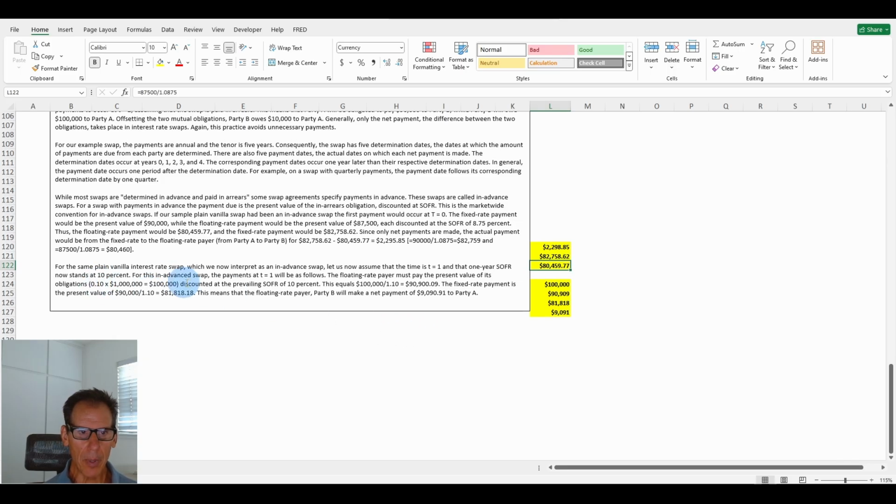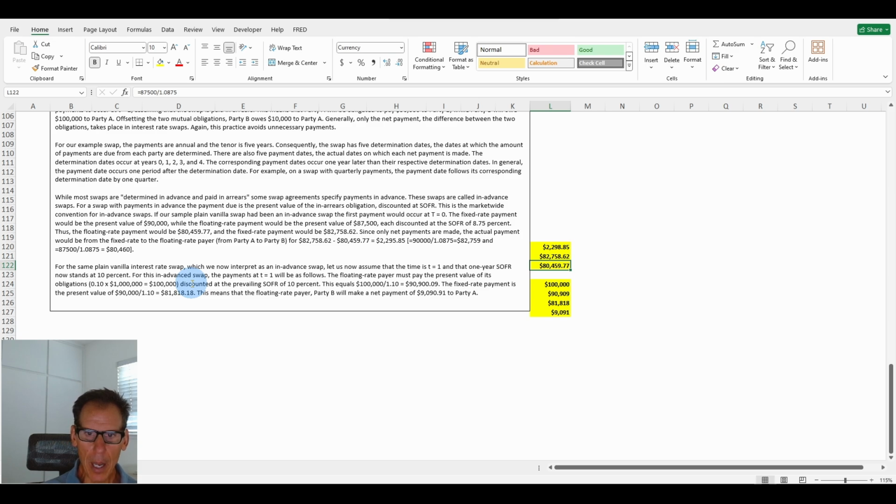For the same plain vanilla interest rate swap, which we now interpret as an in advance swap, let's assume that the time is t equals 1 and that the 1 year SOFR now stands at 10%. For this in advance swap, the payment at t equals 1 would be as follows.